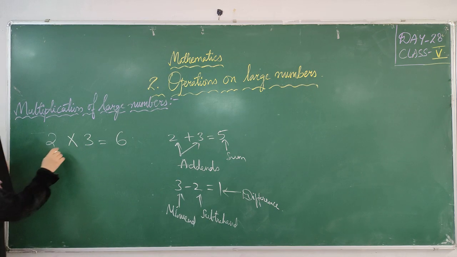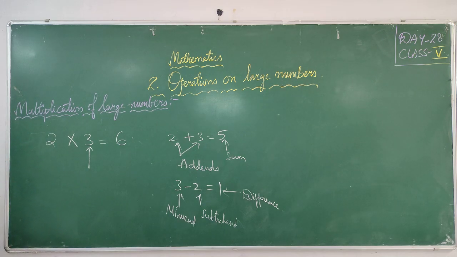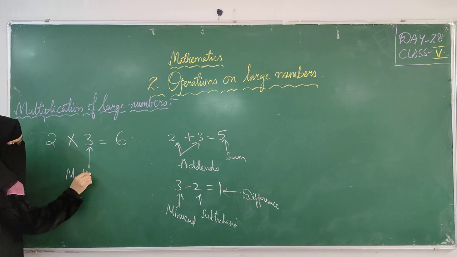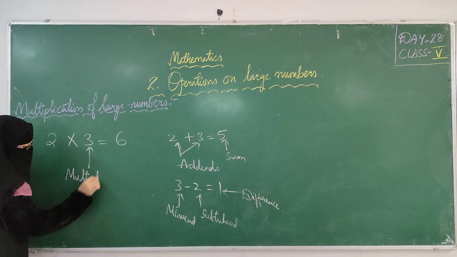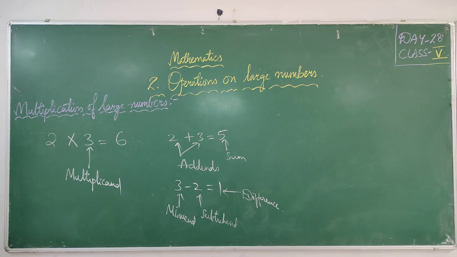The number which we are going to multiply, we call it multiplicand, because we are multiplying this number, right? The number being multiplied is called multiplicand.